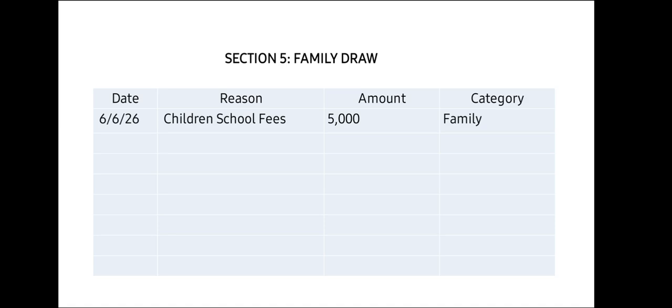The category will be what? Family. Why is this important? Mixing family money with business money kills the business. You need to take note of this. The moment you start mixing family money and business money, the business starts dying gradually.